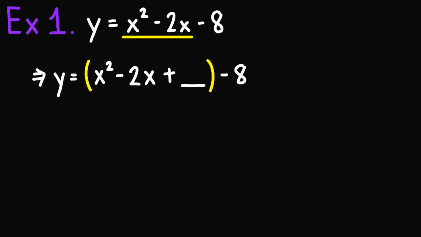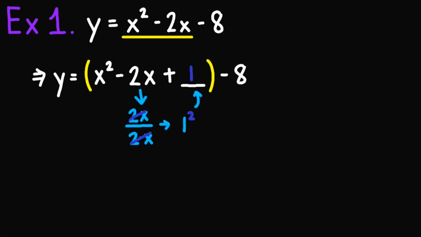So again, we focus on this middle term. We divide this by 2 times the square root of the first term, which is x. These two just divide and we'll be left with 1. Take its square, and this is what we add up here. Sorry about that, technical difficulties.